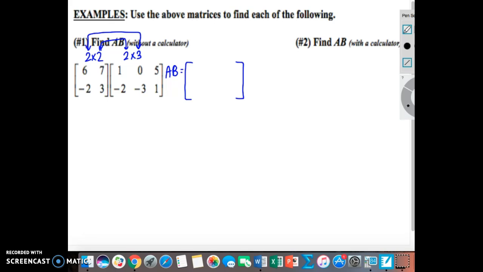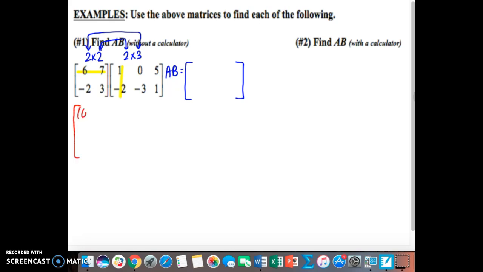When I'm trying to find my top left entry, I will be taking the first row and multiplying it by the first column.